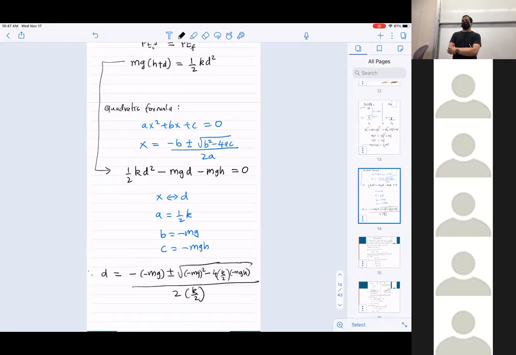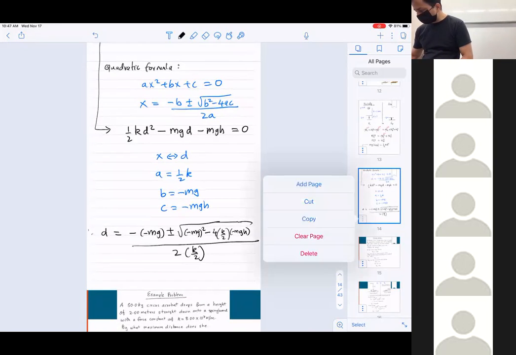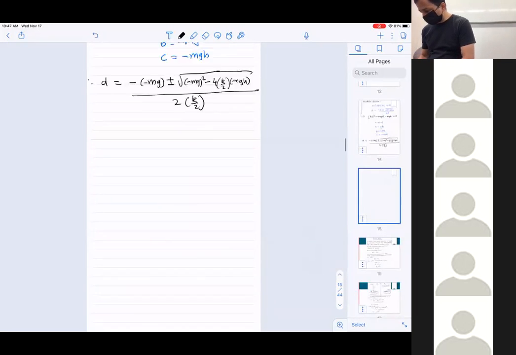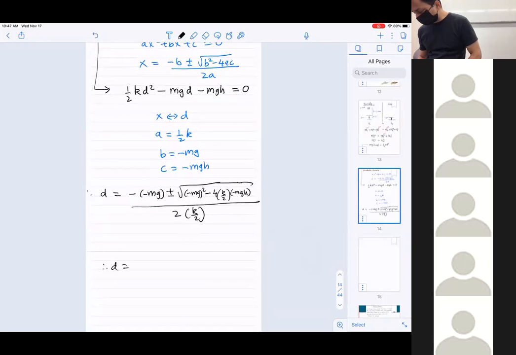Just using the quadratic formula. And if I simplify that a bit, that will just give me, therefore, d is equal to mg plus or minus the square root of mg squared plus 2k mgh, all divided by k.